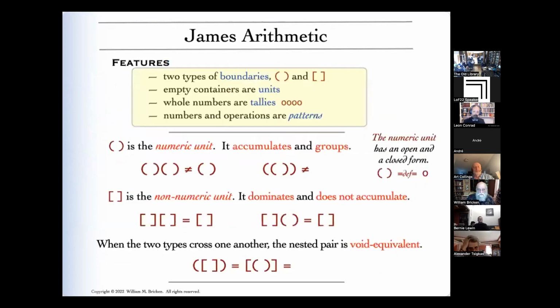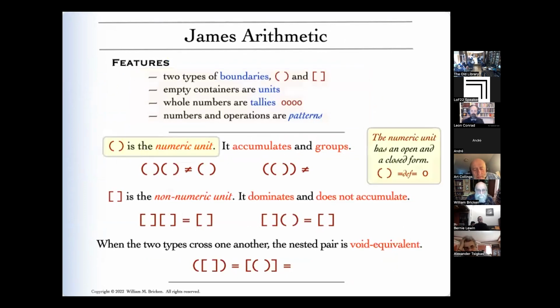Now, James arithmetic has 2 types of boundaries. I use parens and brackets. Numbers and operations are all just patterns of containment. The empty parens is the unit 1, and I use both an open and a closed notation for the unit.